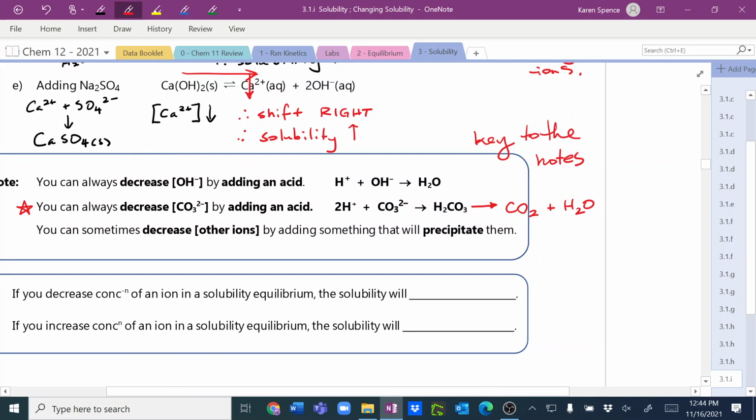And you can sometimes decrease some ion concentrations by adding something that will precipitate them.